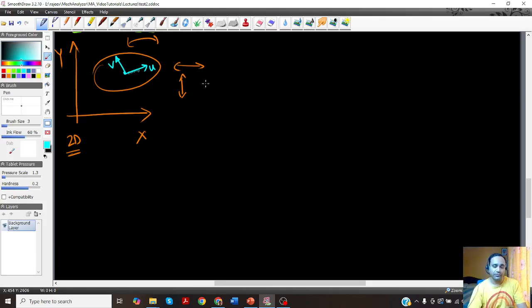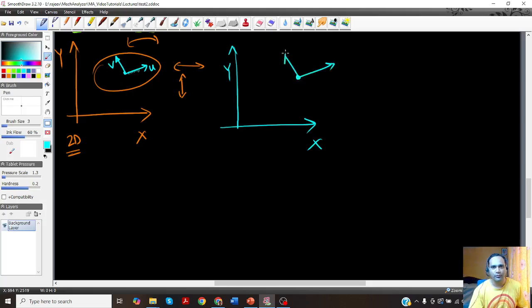What we can also do is consider that there is a coordinate system xy and there is another coordinate system, let's say uv. Now what is the degree of freedom of this system?